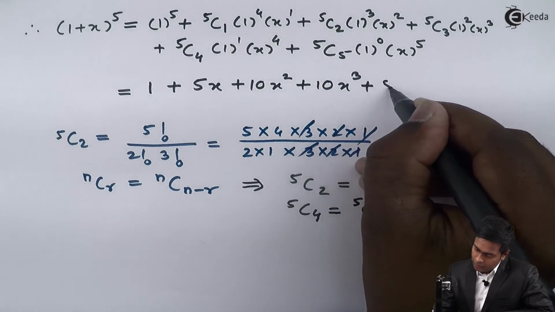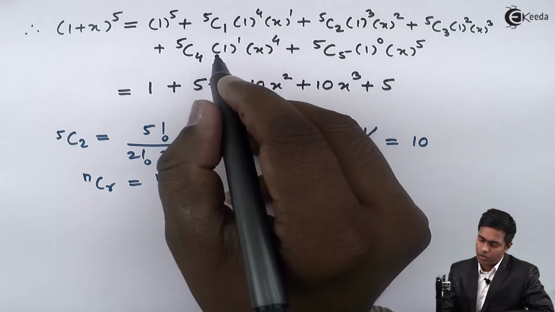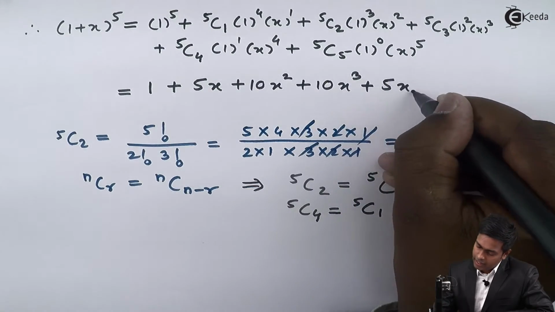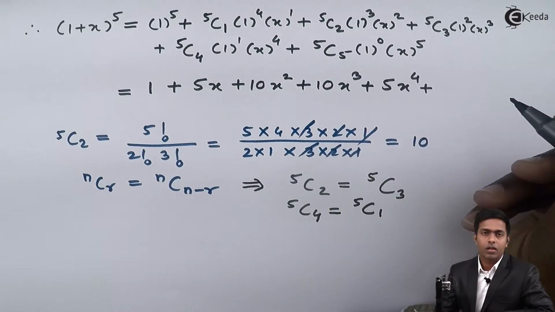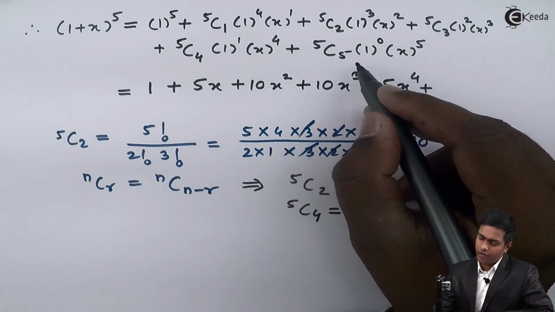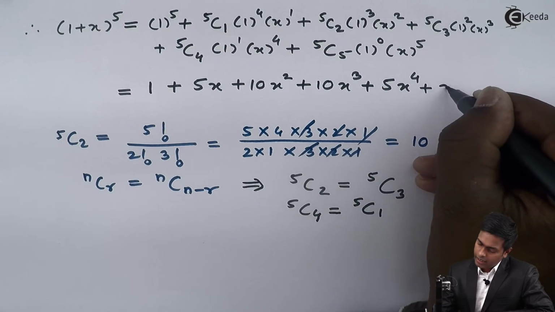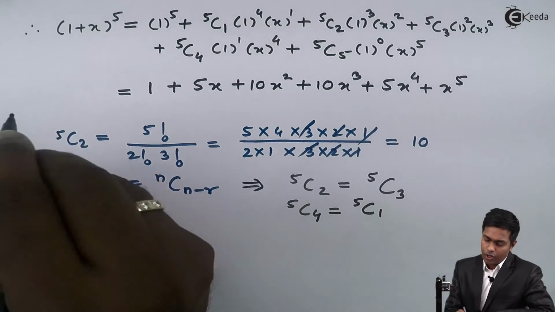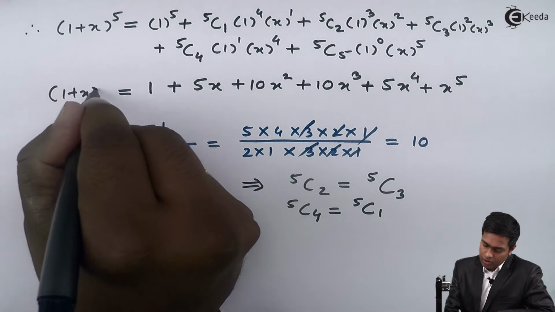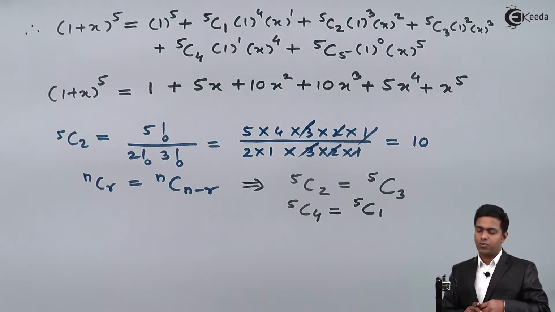So we will get 5 here, 1 raised to 1 is 1, and this will become x raised to 4. Next 5c5, which is 1, 1 raised to 0 is 1, and x raised to 5. So we got the expansion of 1 plus x raised to 5.